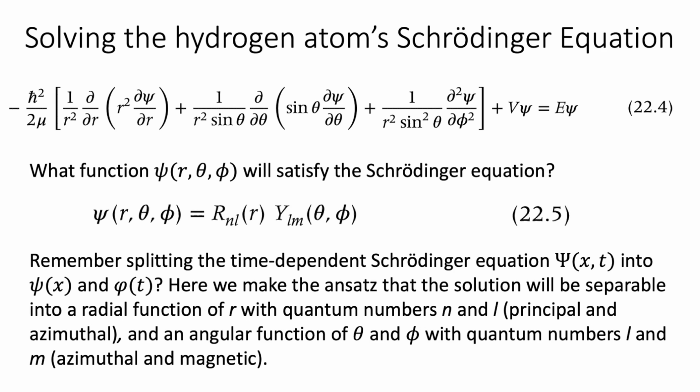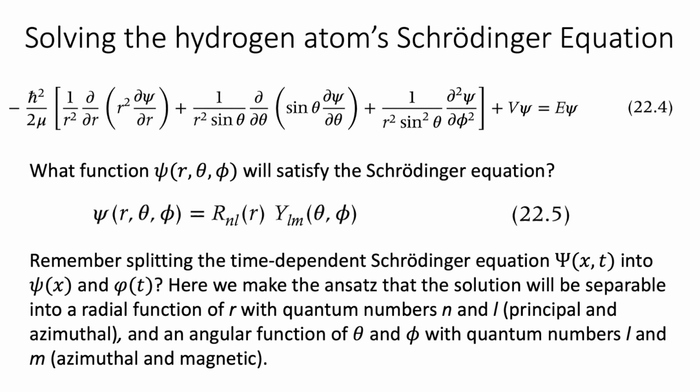Because in the end, if we make this assumption, get these functions and multiply them together, they should satisfy everything. So separability allows us to solve two smaller equations, find solutions for one component and solutions for the other, and then multiply them together to get solutions to the full problem.